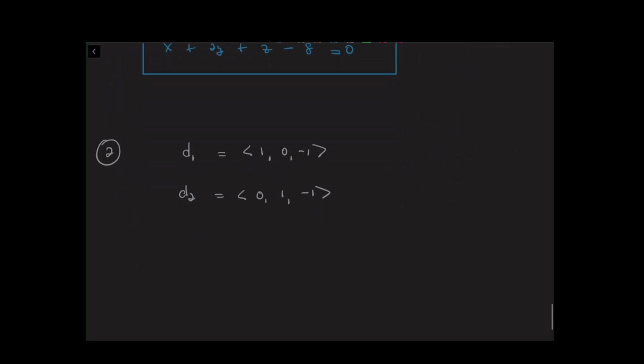So we can say that since D1 is not a scalar multiple of D2, the lines are not parallel. Now we have to determine if they are intersecting.